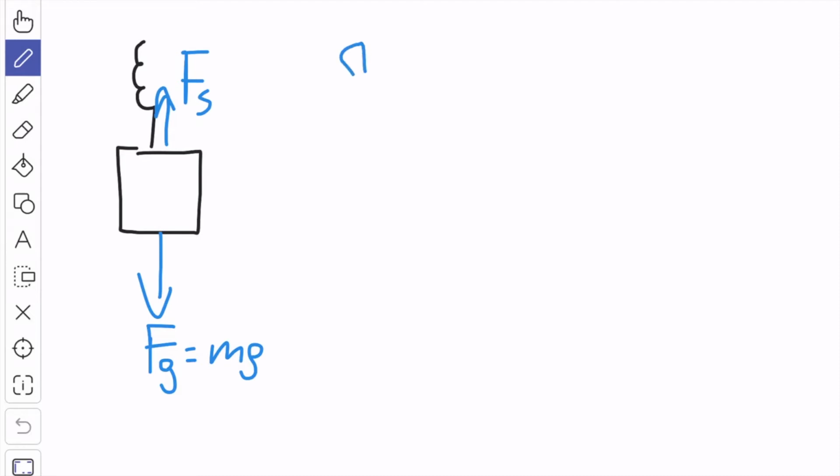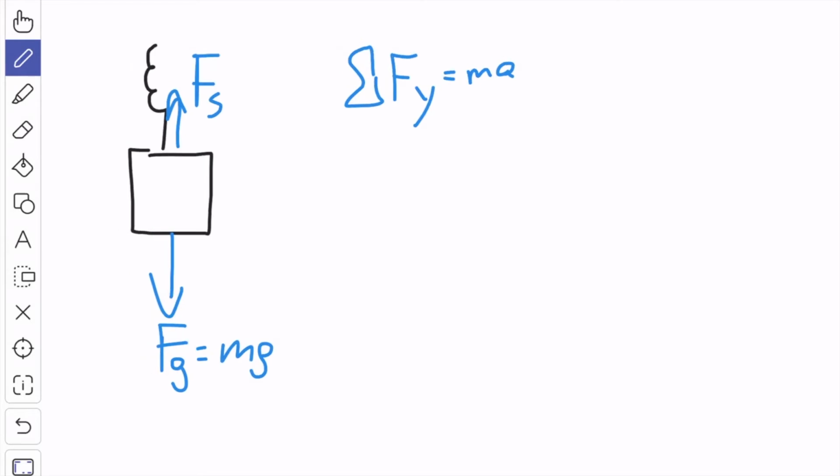Newton's law, net force in the y direction is equal to ma, is equal to the downward force, which is mg, minus the upward force, which is ky. Now, it really doesn't matter if mg is positive or negative, as long as you are consistent in your motions.